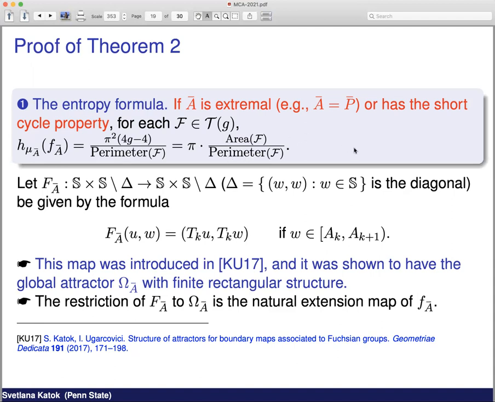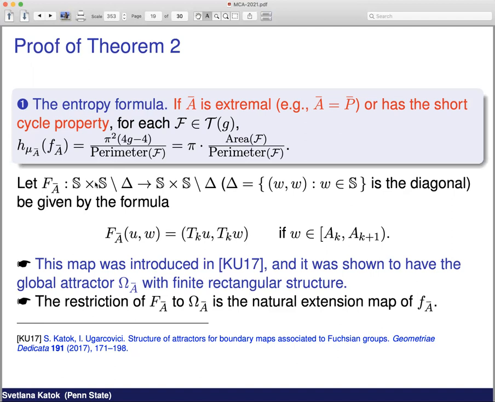of the fundamental domain. Okay, so in order to explain, first of all, how we get the smooth measure, I have to go to the natural extension of the map F. You remember that map F was defined on the circle, and it was acting by TK when X is between AK and AK plus 1.